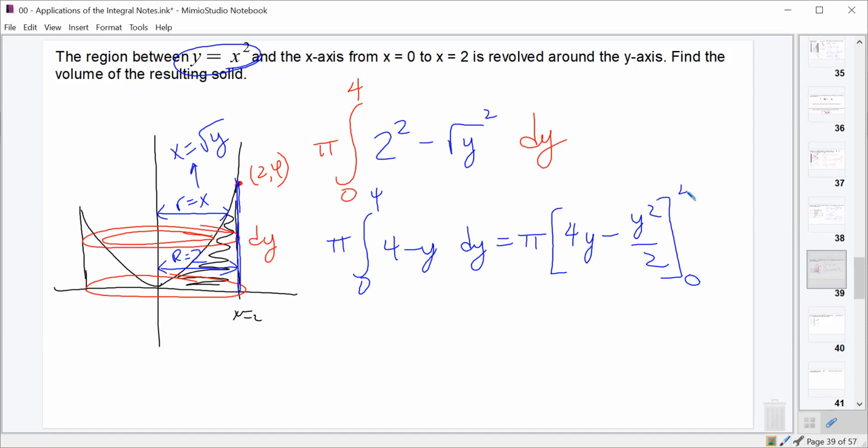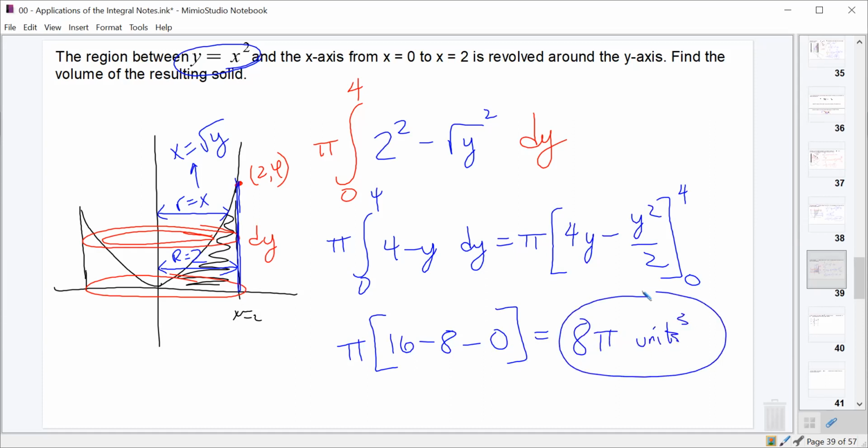We'll evaluate that from 0 to 4. Plugging in the 4 gives us 16 minus 16 over 2, so 16 minus 8. And the 0 just gives us 0. Interestingly enough, by coincidence, this also ends up being 8 pi units cubed.